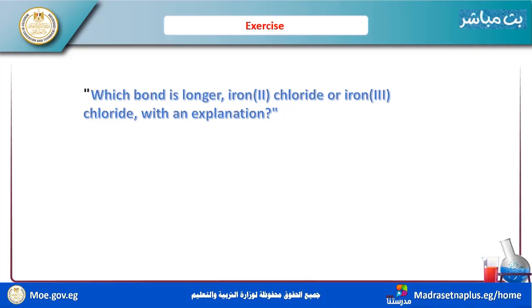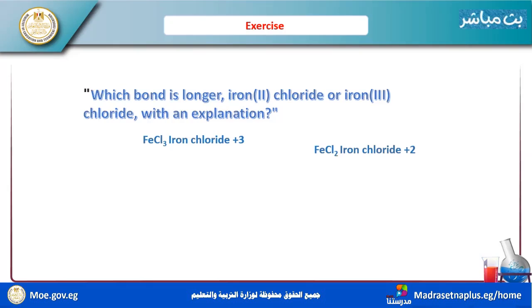Now we have this exercise: which bond is longer, iron(II) chloride or iron(III) chloride, with an explanation? FeCl2 and FeCl3. What is the difference between them? Fe2+ and Fe3+ are not equal, because Fe2+ loses 2 electrons only, but Fe3+ loses 3 electrons.